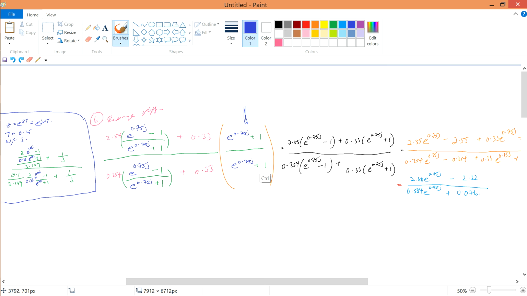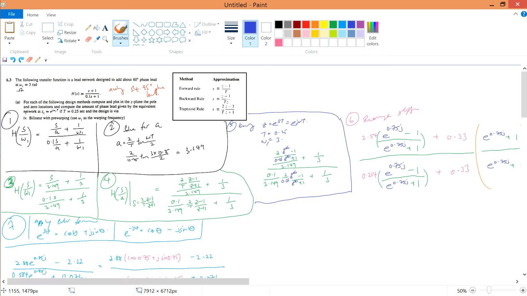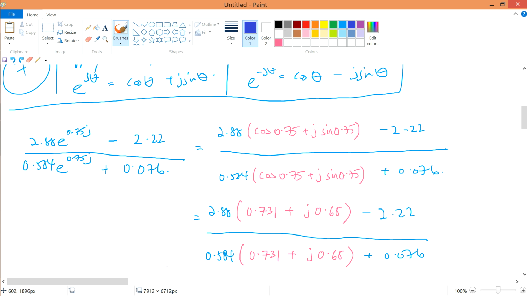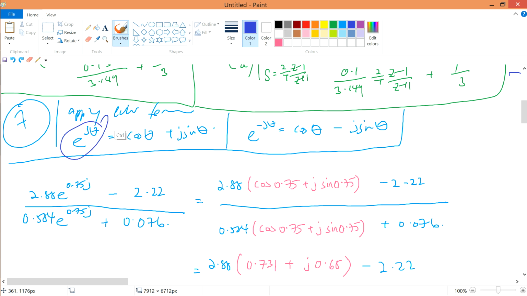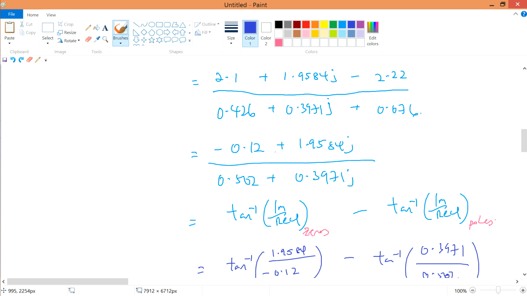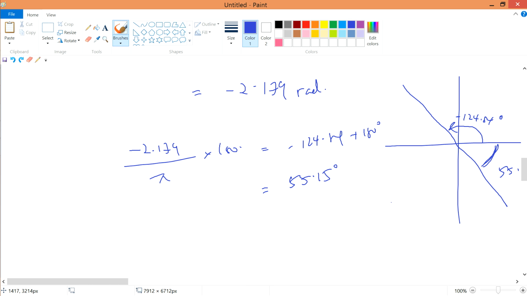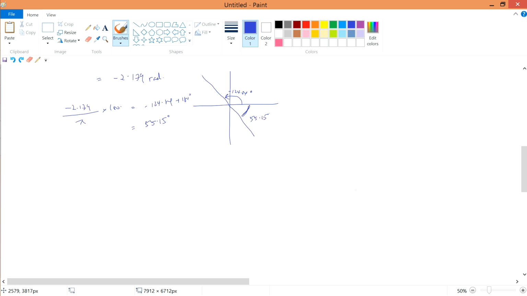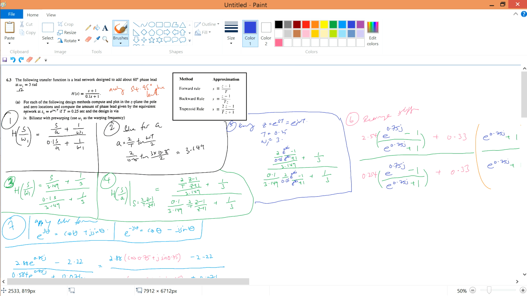So you rearrange in terms of the denominator, and you eventually get this value. Once you get this value, you apply Euler's formula, e^(j theta) equals cosine theta plus j sine theta. You will have all these things, then evaluate and you get this thing over here. The next critical step is to find your radians, and eventually you'll get the thing that we want. So yeah, I'll leave it with this now.